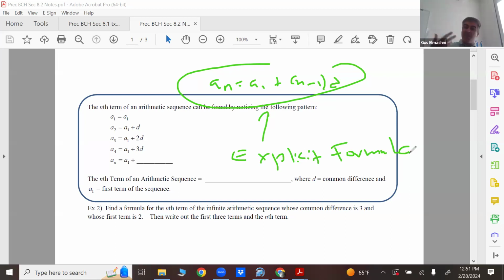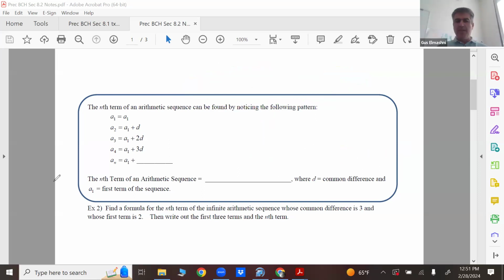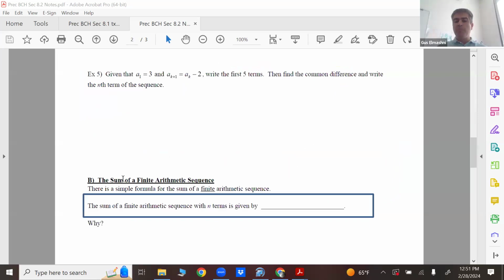It's very direct, kind of the same thing. This gets you to the term you want directly. It's actually more advantageous to use that formula if you can. This one's obviously recursive, but it's going to follow an arithmetic pattern because we're dealing with arithmetic sequences, right? But this right here is recursive.